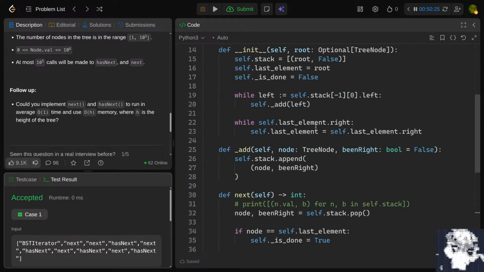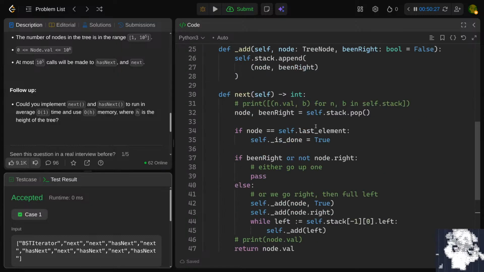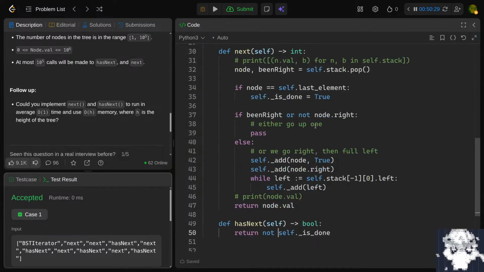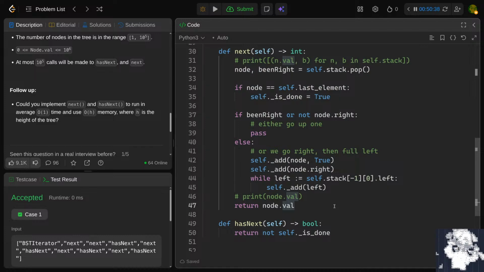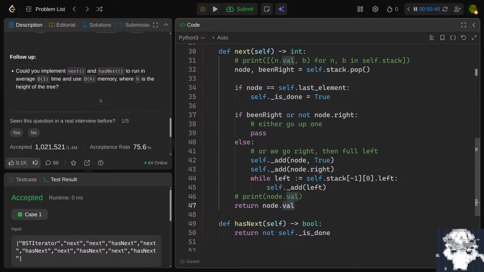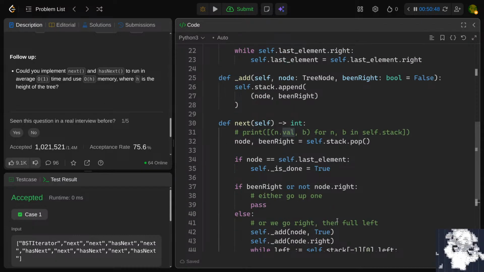Then so this is O1 obviously. This is still O1 on average. What was the last thing I wanted to do? Like, we don't need this thing anymore.